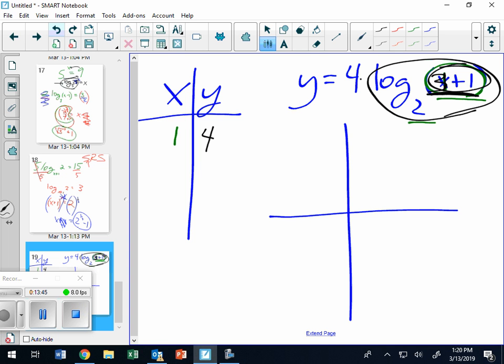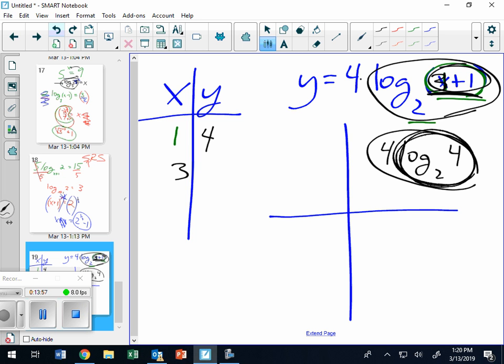Because 3 plus 1 makes 4. Why is that smart? 4 log base 2 of 4 works out really nice. Put in a 3, and I got this. And then that part is 2, because that's really 2 squared. And so it's 2 times 4 makes 8. 3 comma 8.